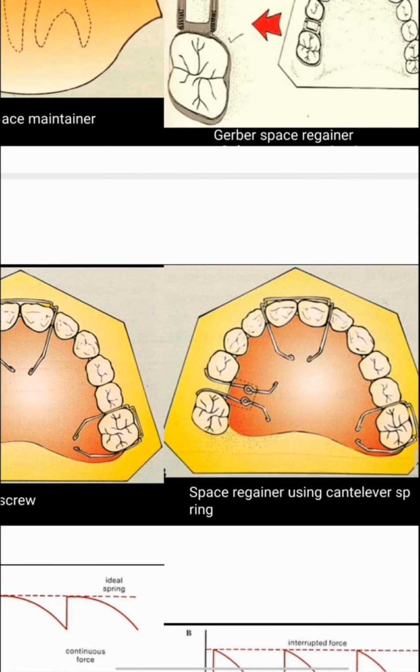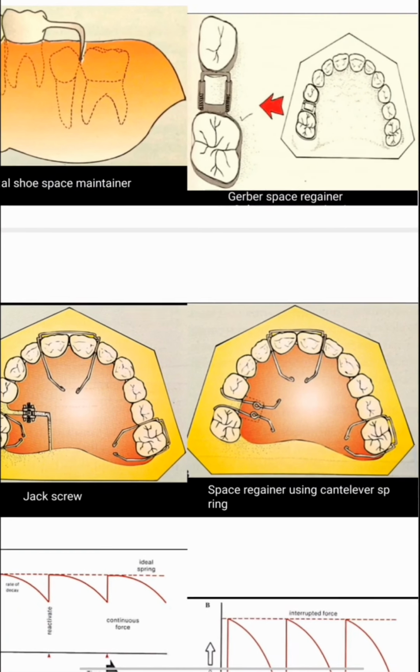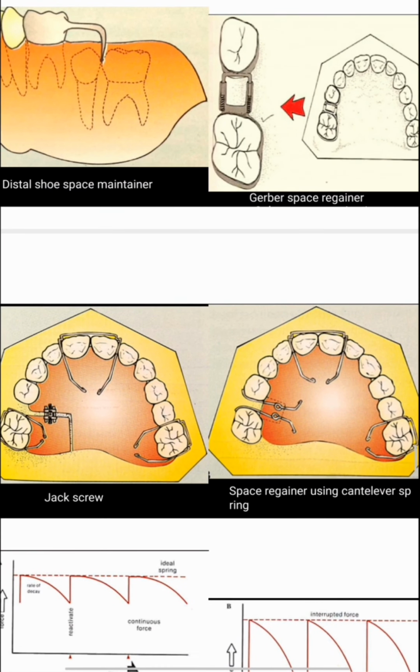Now this is a jack screw and this is a space regainer using cantilever spring. Both these diagrams look similar except for the expansion screw in the jack screw and finger springs in the space regainer using cantilever springs.